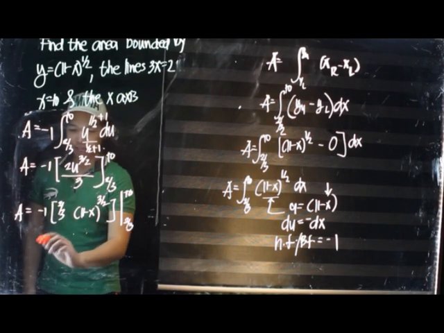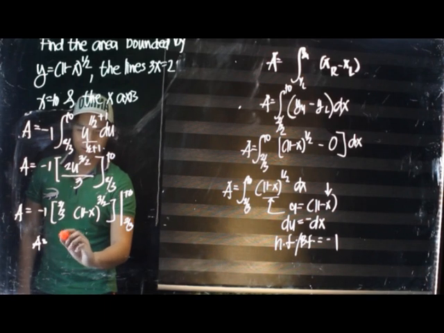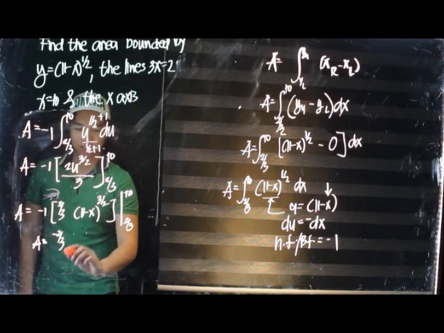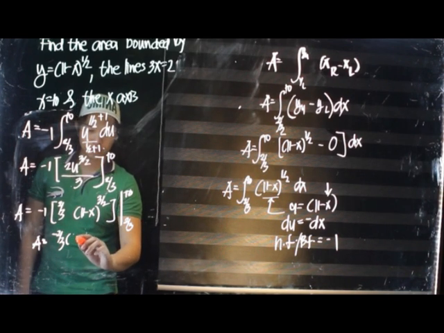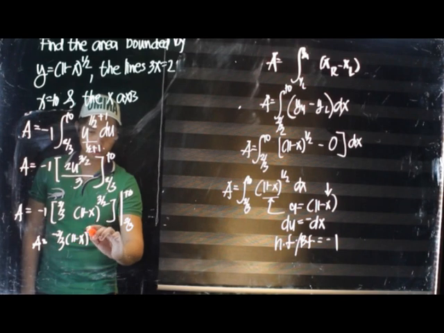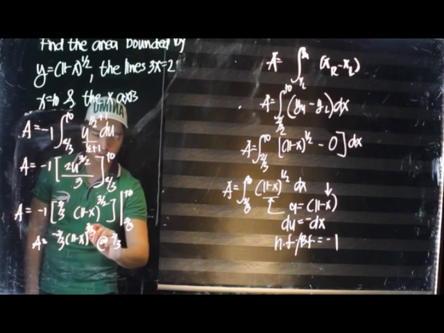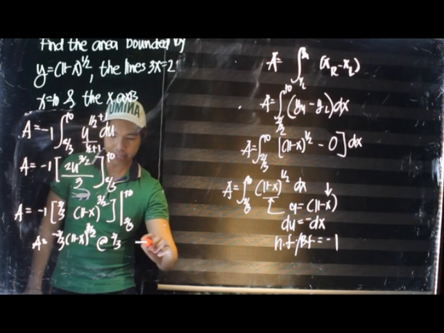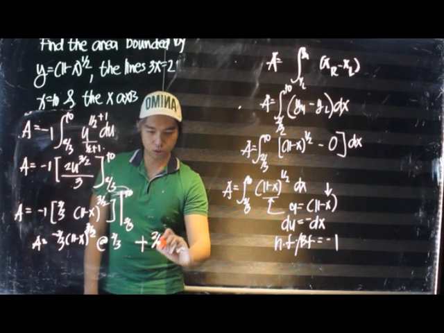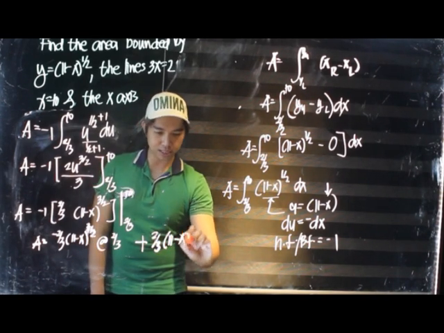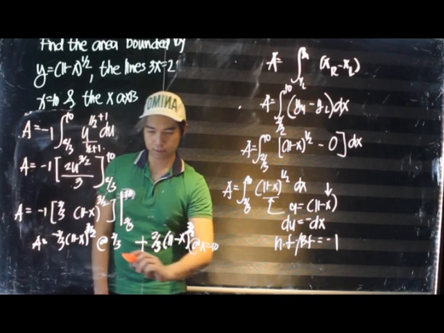And by evaluating, the area would then be equal to -2/3 times 11 minus x raised to 3/2 at 2/3, minus, or rather plus, since this is negative, plus 2/3 times 11 minus x raised to 3/2 evaluated at x equals 10.